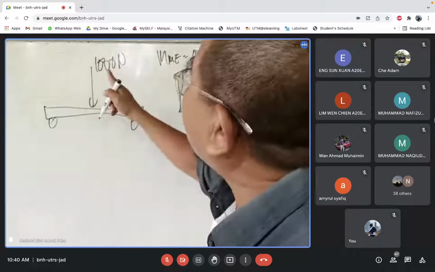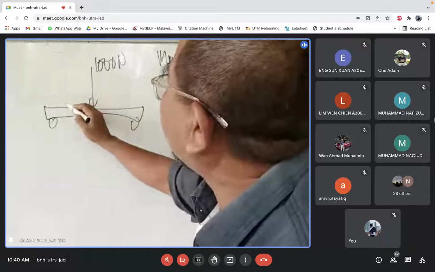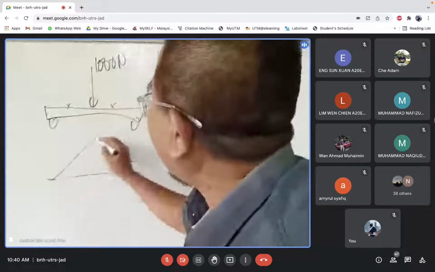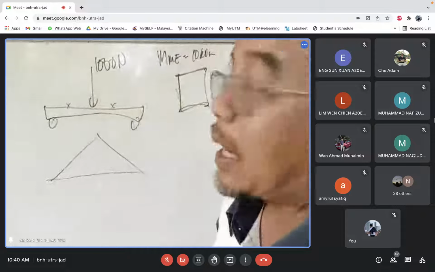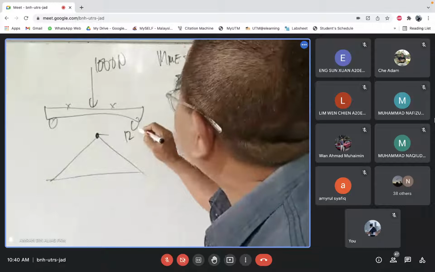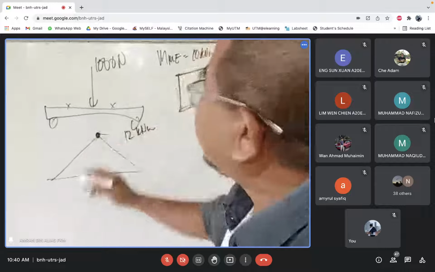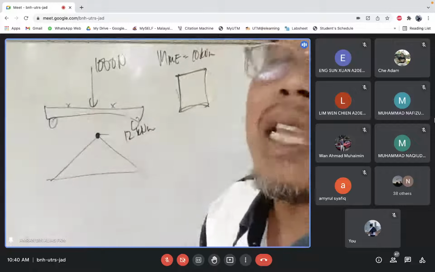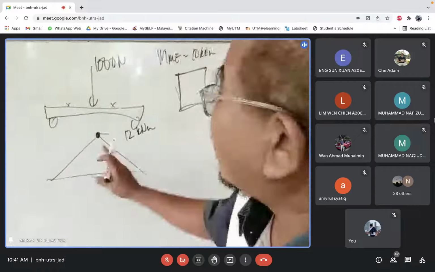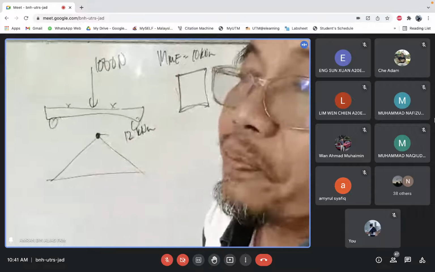So when I put this load here, whatever x here, when you do the moment there, let's say the moment here now is 12 kilonewton meter. With that distance, let's say the value is 12 kilonewton meter. Now it is higher than the elastic moment, right?